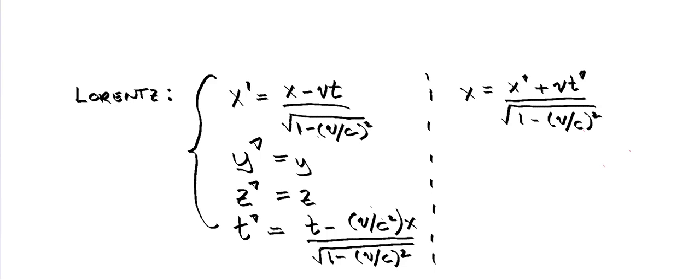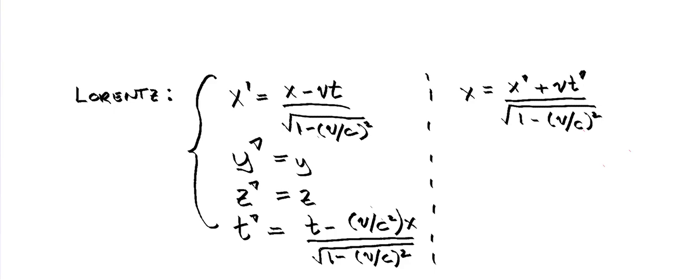This is interesting, right? What we just saw is that we won't necessarily agree on time intervals. And so the time coordinate here, we don't necessarily agree on. So here we'll say that t prime is equal to t minus v over c squared times x, again divided by that square root of 1 minus v squared over c squared.